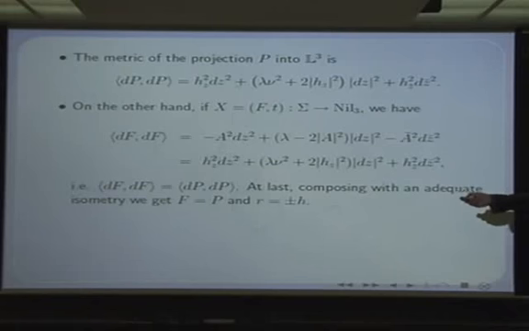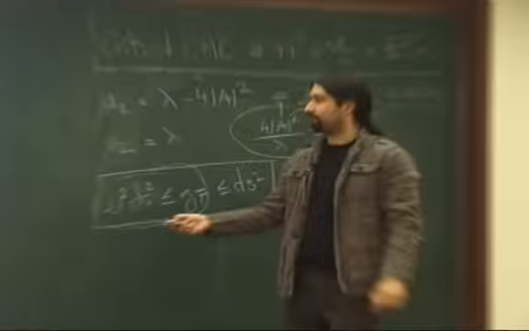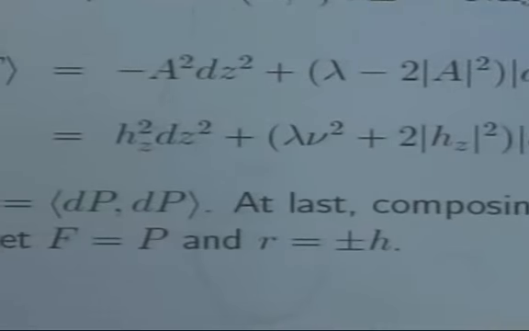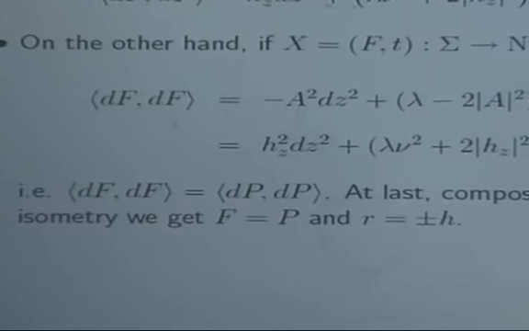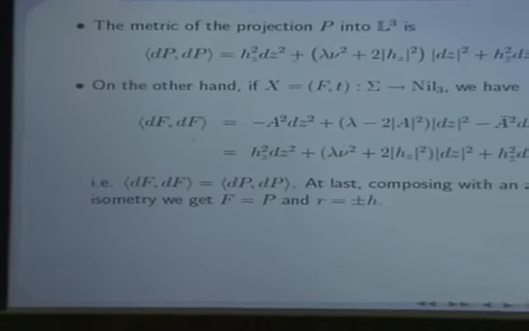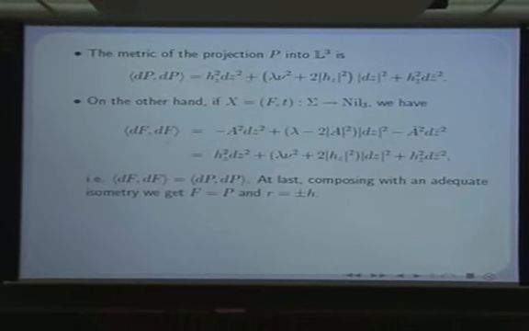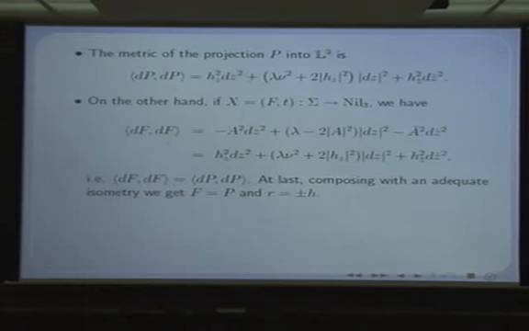So this changes sign here, and here I use again the same formula. I deal a bit with it, and I have it like this. So I see that the metric of the projection in Minkowski space is the same as the metric of the projection in Heisenberg. So I compose with an adequate isometry again, and I see that you have the same. So this proves the lemma.